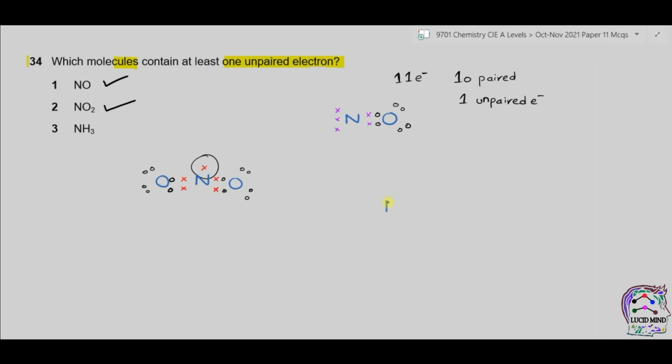We have NH3, nitrogen and 3 hydrogen atoms. Each hydrogen has 1 electron in the outermost shell. As we can see that we have 8 electrons, all of them are paired, so there is no unpaired electron present in NH3. As options 1 and 2 are correct, the answer is therefore B.